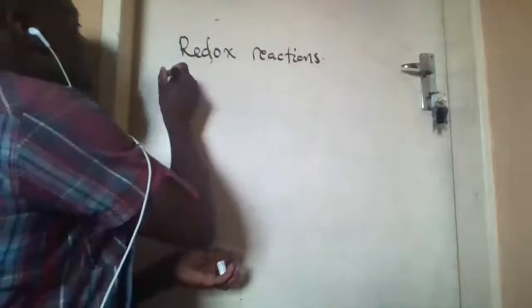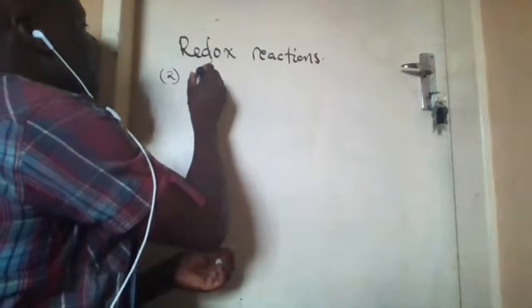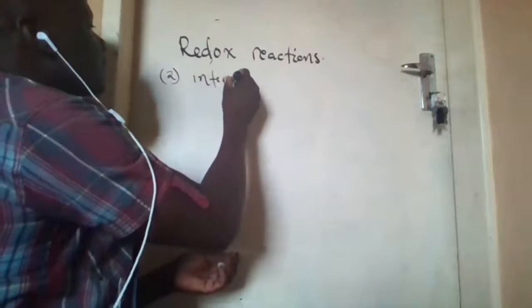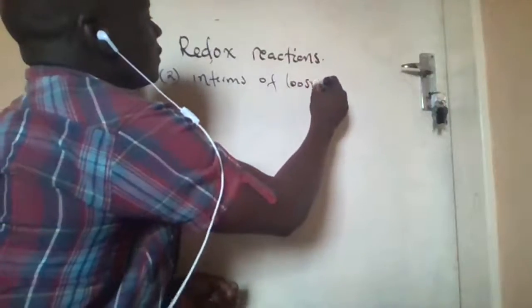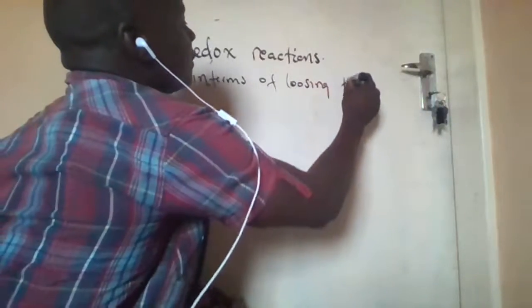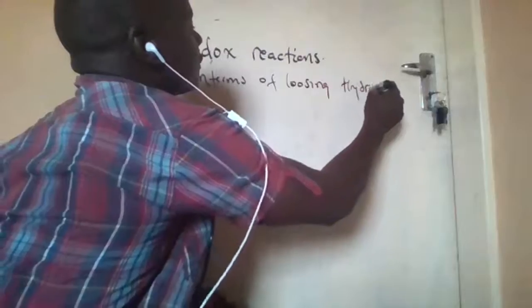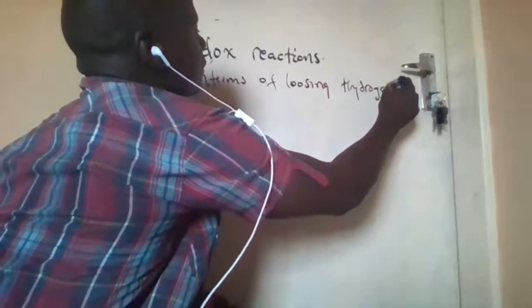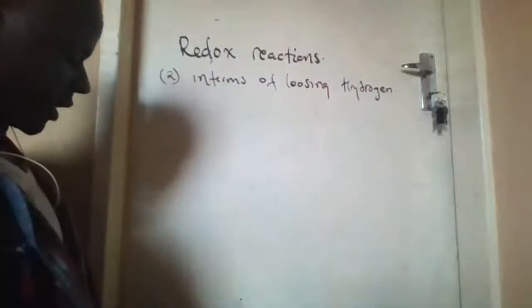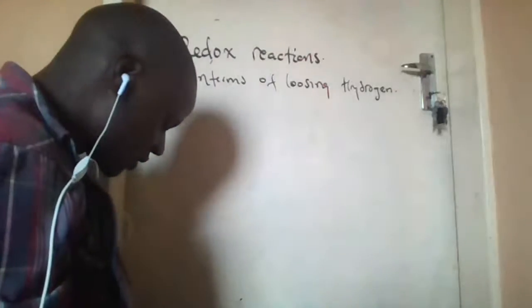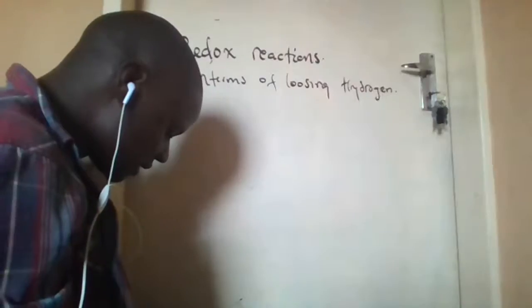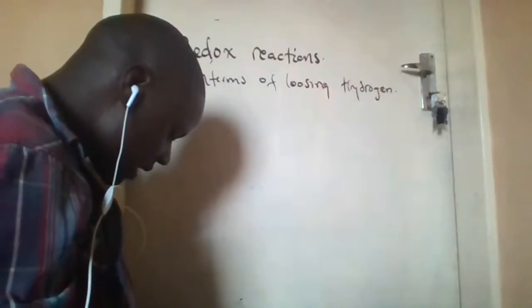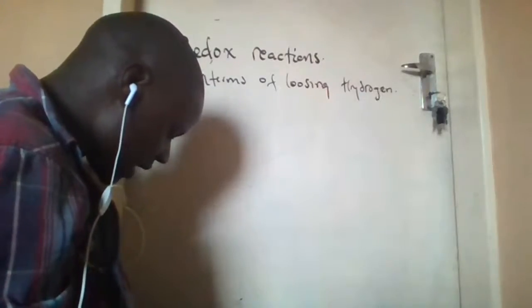So two, we can define the oxidation in terms of losing hydrogen. How can we say that in this reaction there is an oxidation process because an element has lost hydrogen?